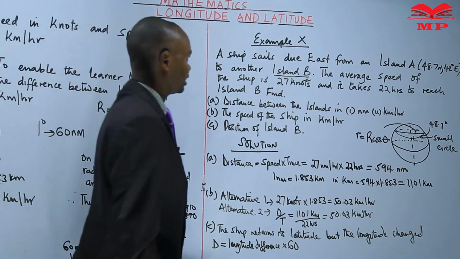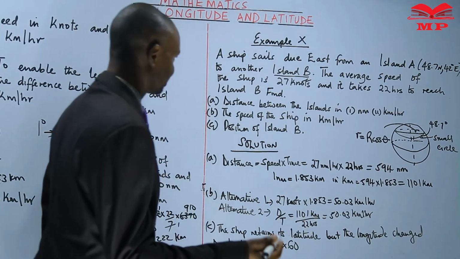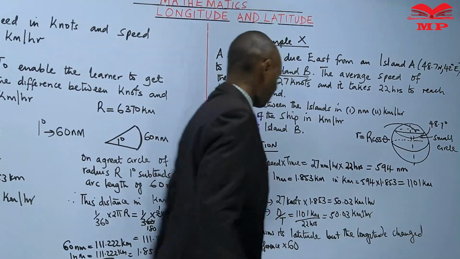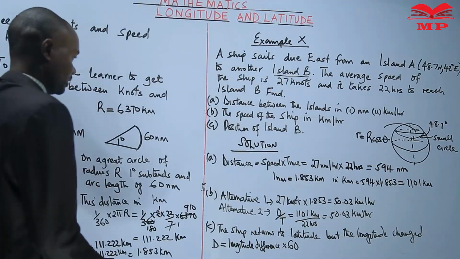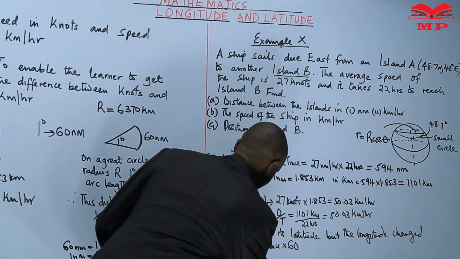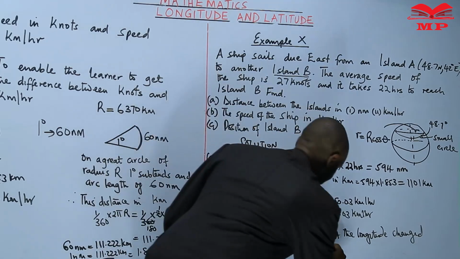So I'll decide to use nautical miles or whatever I have. I'll go to the first question. That is 594. I can denote this one as x. So 60x.